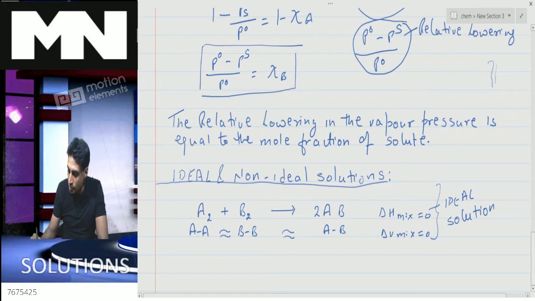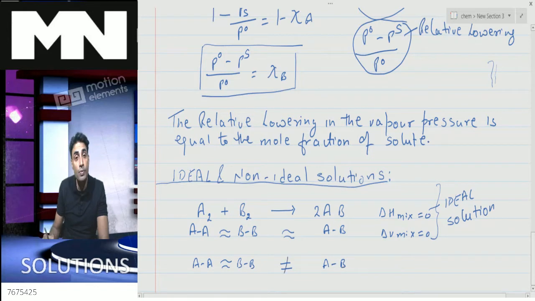Now if I talk about a non-ideal solution, say the attraction between AA is nearly equal to that between BB, but the attraction between AB is not equal to that. Such a solution is a non-ideal solution. So two conditions are possible in such a solution: either the attraction can be stronger or the attraction can be lesser.